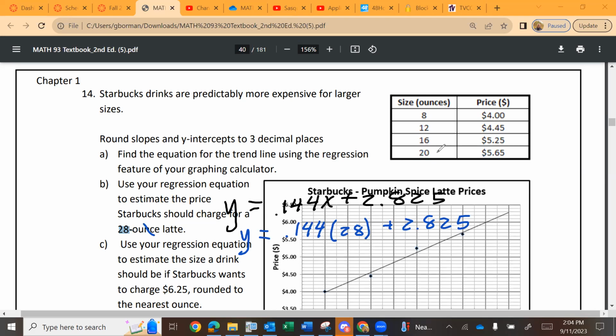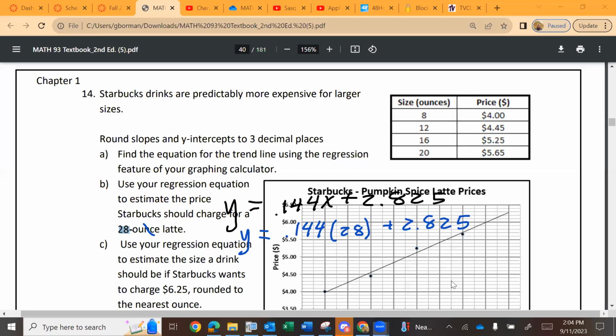It looks like we're going up by about 45 cents every 4 ounces. So if we go up 8 ounces, I would expect to go up 45 cents twice, approximately. So a little over 6.50.